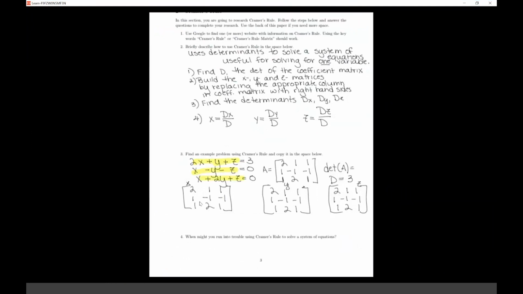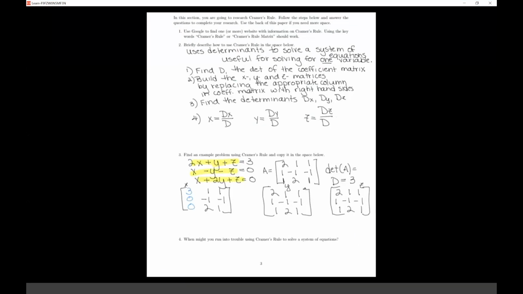Okay, so here are my 3 matrices. This one's going to be the X matrix, the Y matrix, the Z matrix, and you can see I've started with my coefficient matrix. For the X matrix, I'm going to erase the X column and put in the right-hand side of my system, which is 3, 0, 0.